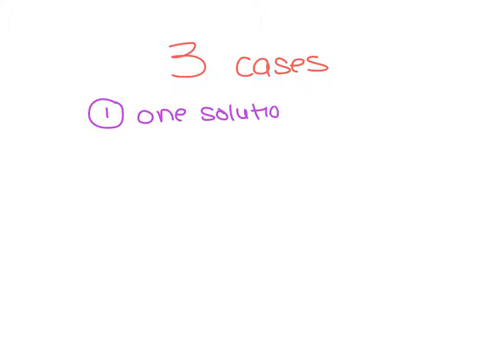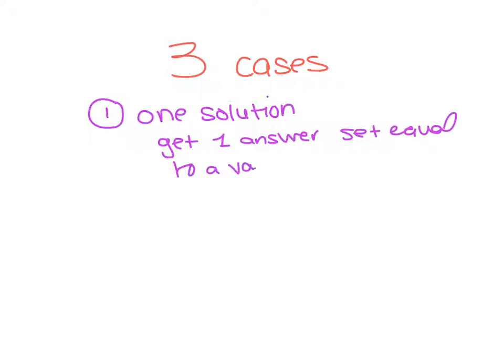And what happens when we get one solution is we get one answer set equal to a variable. So you'll have a situation like x equals 4. That's the first situation that you will see.